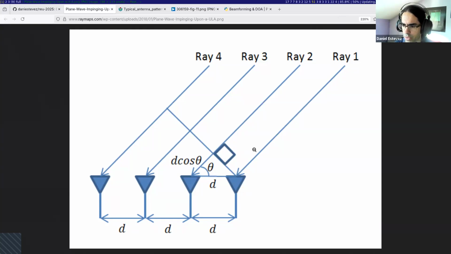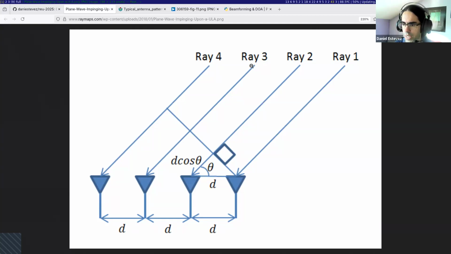So for example, this ray is going to arrive first to this antenna number 1, and then antenna number 2 is going to have an additional delay, which corresponds to this length, which is calculated here as d cos theta, where theta is this angle.